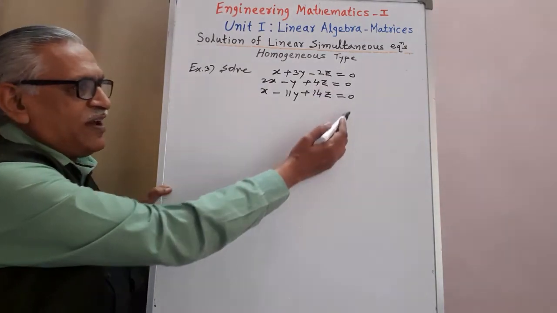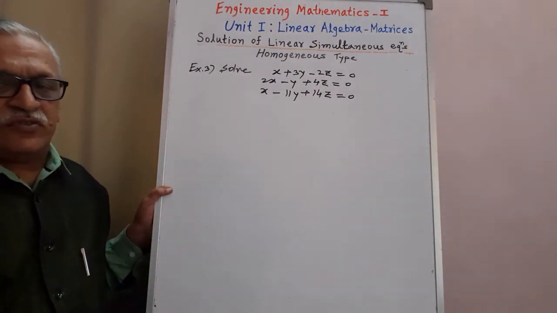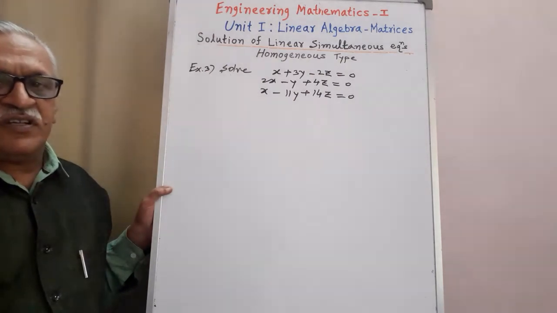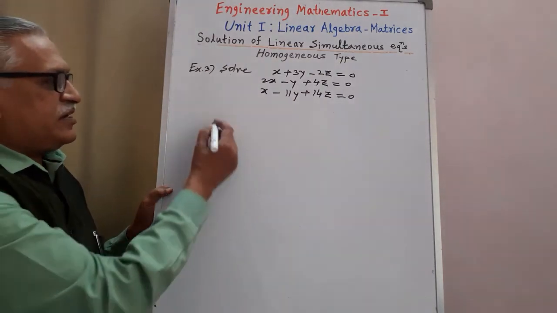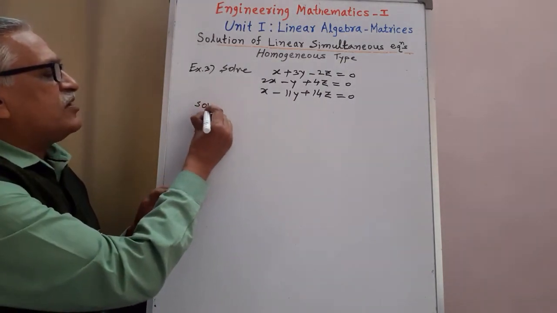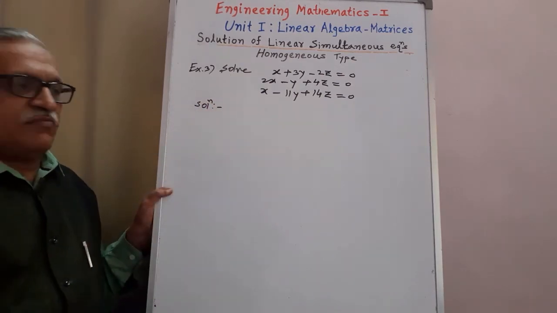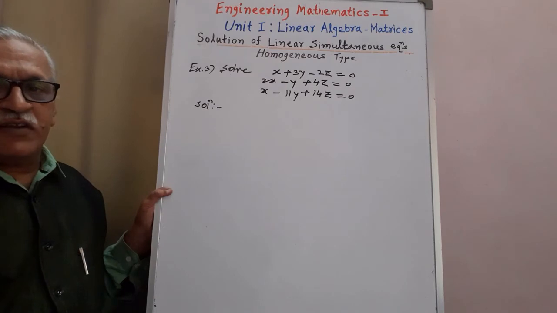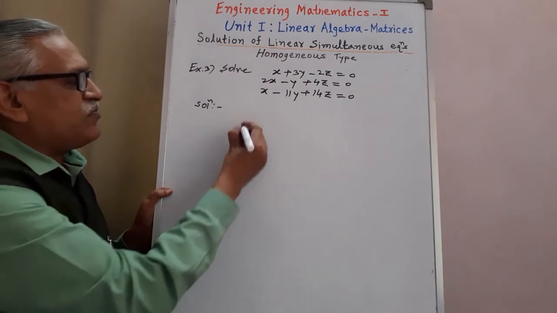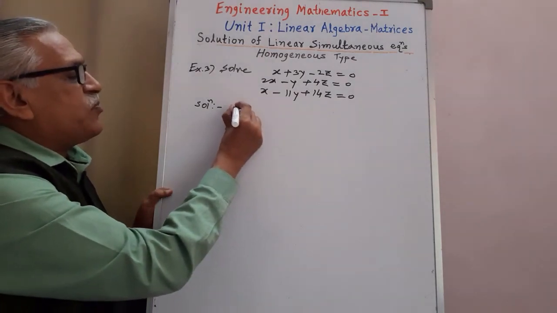And as all the values on the right hand side are equal to 0, the given system of equations is homogeneous type. And as it is homogeneous type, we try to obtain its solution by converting the augmented matrix to its canonical form.